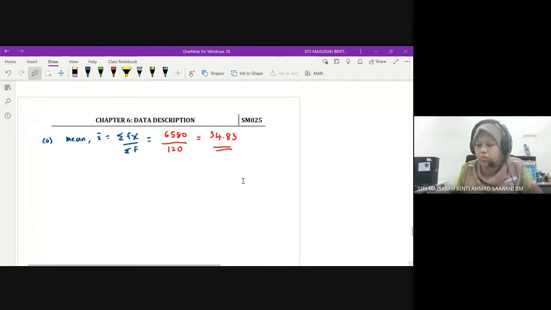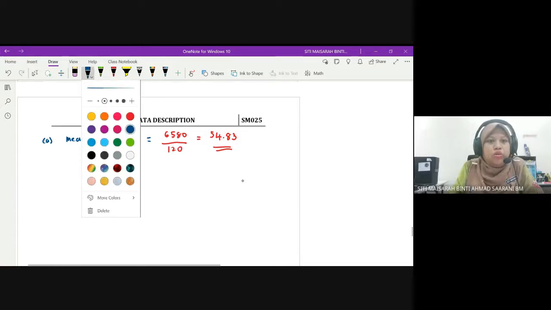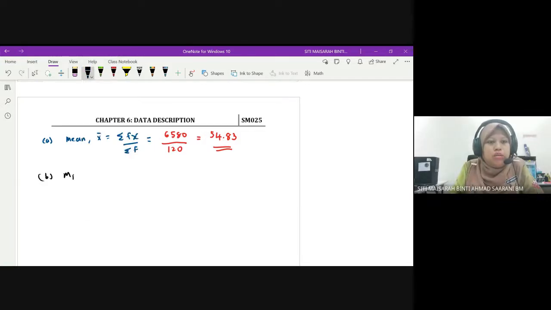Alright. Now we are going to continue to find the mode. How to find the mode? The formula for mode is equal to LB plus D1 over D1 plus D2 multiplied by class width.